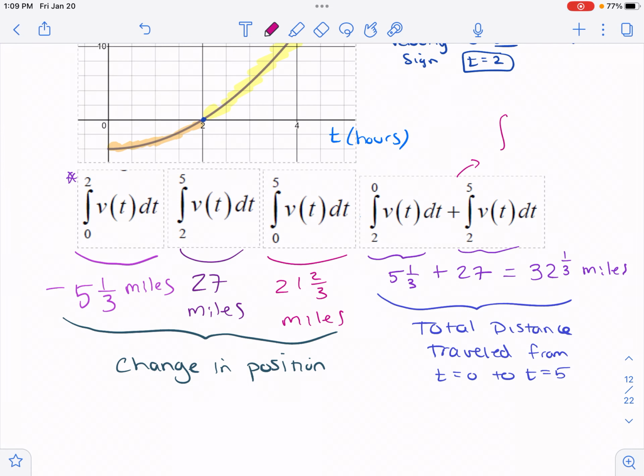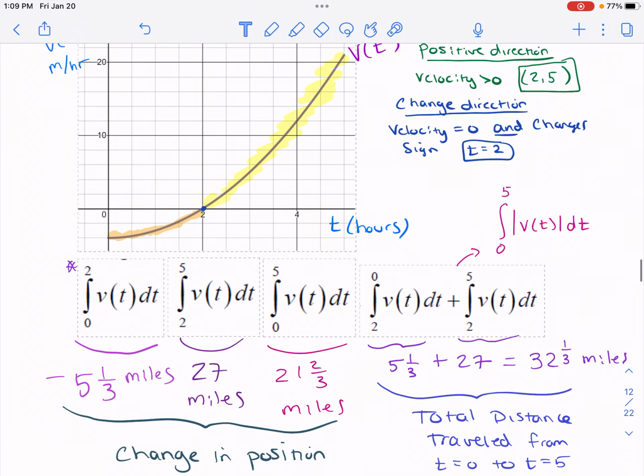So this is going to be equivalent to the integral from 0 to 5 of the absolute value of my velocity function. But the thing to notice is that our velocity changes from negative to positive. So when you collect area, as we did in this integral here, you're going to get some negative area, and then you're going to get some positive area.